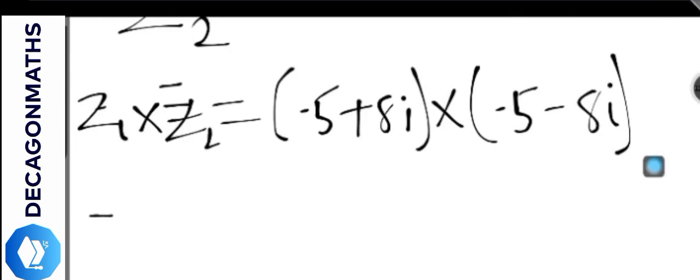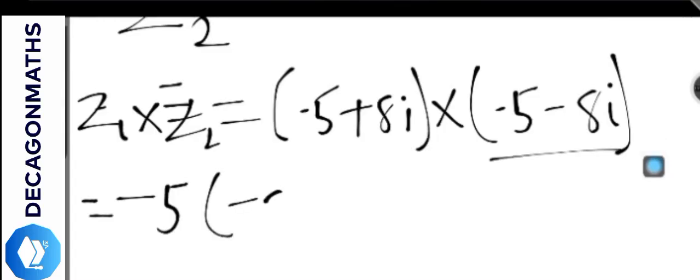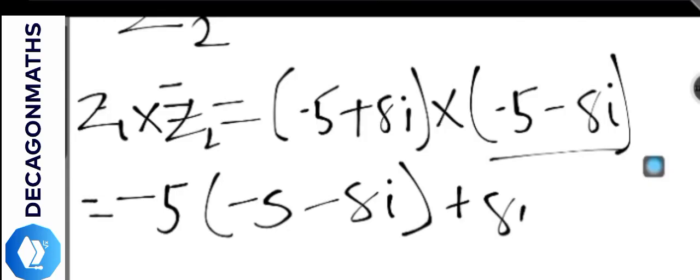Now this equals minus 5 multiplied by all of this, so minus 5 into brackets minus 5 minus 8i, plus 8i multiplied by minus 5 minus 8i here again.